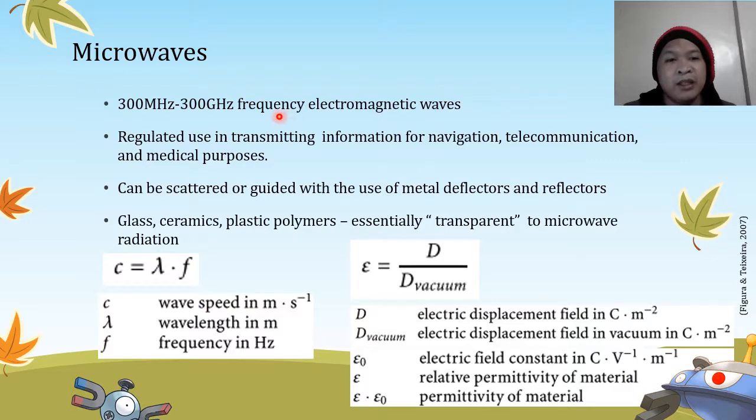Okay. And other than the use for heating food, it's regulated in use for transmitting information for navigation, telecommunication, and medical purposes. And that is why, di ba, usually, pag electromagnetic wave yung form of transmission mo, minsan nakaka-form ng interferences.